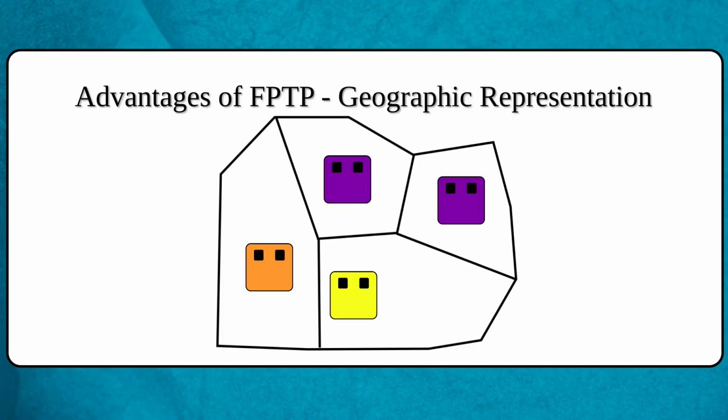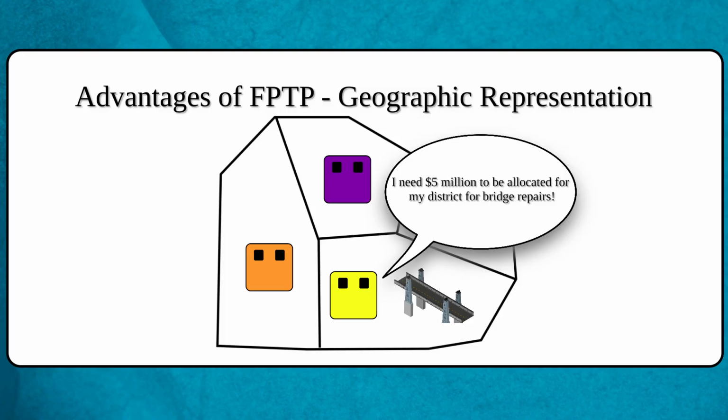This means that under a FPTP system, elected officials have a direct geographical tie to the people and communities that they are representing. This can be advantageous since different locations across the country face a very different set of issues and priorities. For instance, if a region of the country is having a specific problem, such as failing public infrastructure, their representatives can specifically lobby for assistance for that particular region while serving in the legislature.